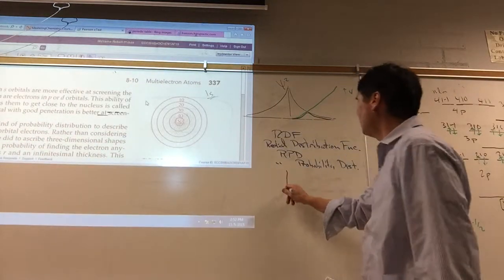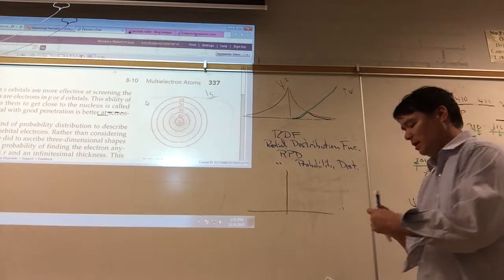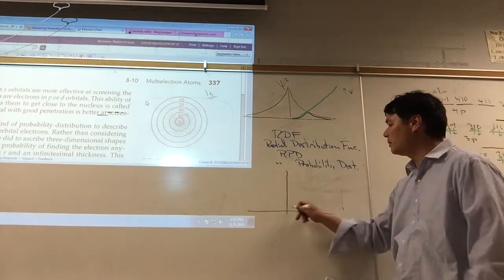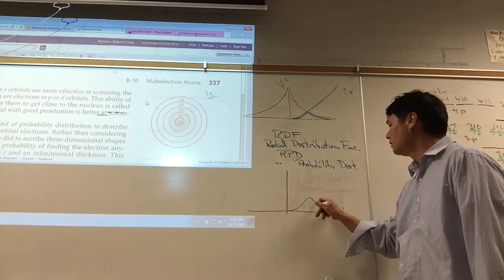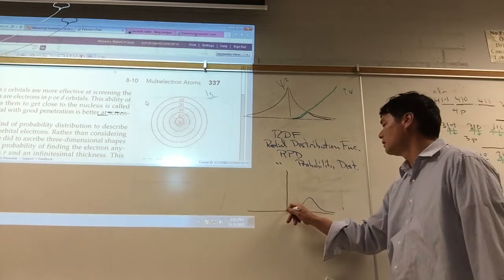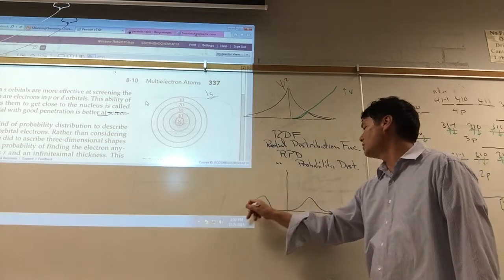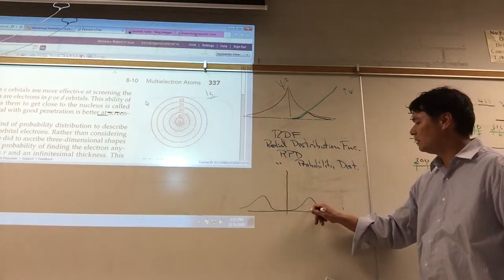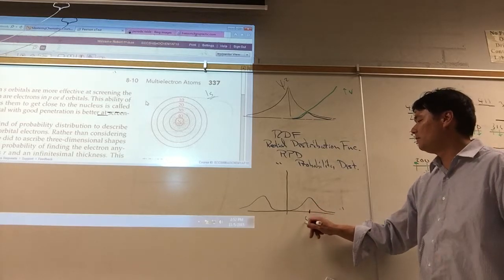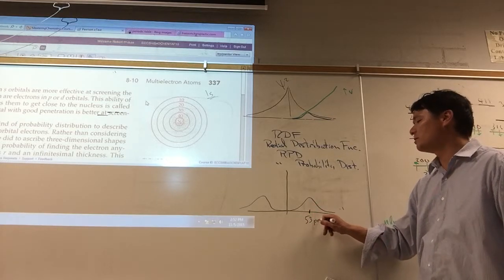And so when we plot out the RDF, it's going to look like this. It's going to tell us where the maximum number of dots are at a particular distance. And the maximum number of dots are going to be something like this. And then if we determine that distance, it happens to be, for the hydrogen atom, 53 picometers.